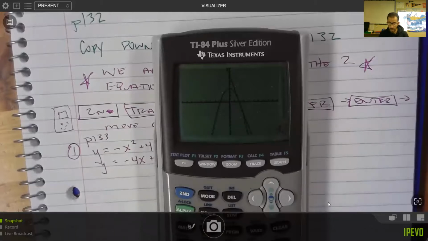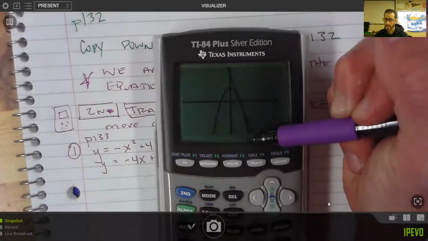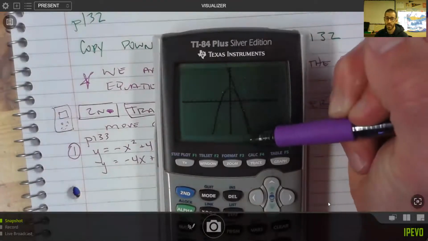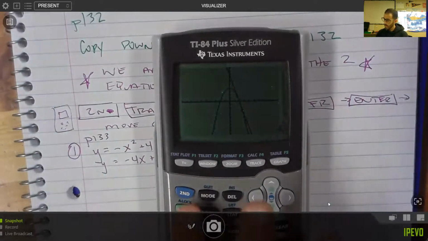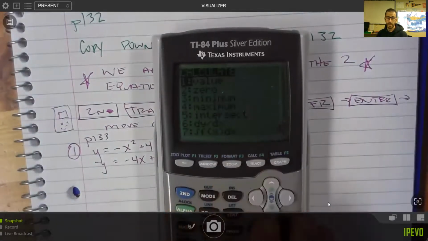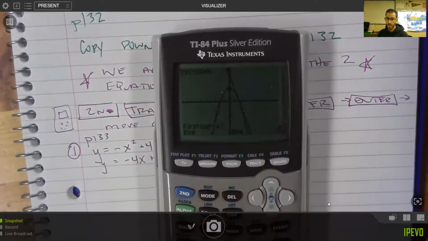Okay. So I see that we have a line and an upside down parabola. Awesome. Let's see if they intersect. Second trace. Intersect is number 5. This is the first curve graph that we typed in.